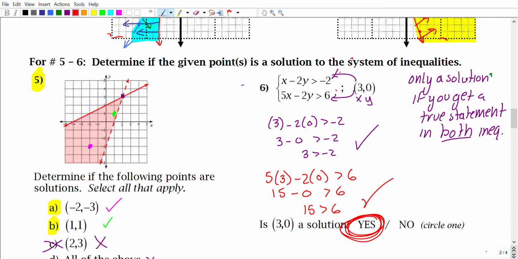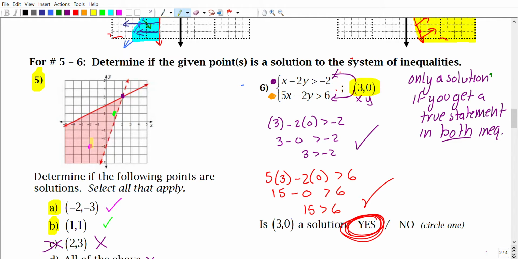Again, to further extend what you guys understand about this, if you were to have actually graphed, so like I said, graph this one in purple, graph this one in orange, and do that whole thing where you graph it, shade certain regions, and figure out the solution set, then you would have noticed that this right here, 3, 0, would have been a point in the shaded region.